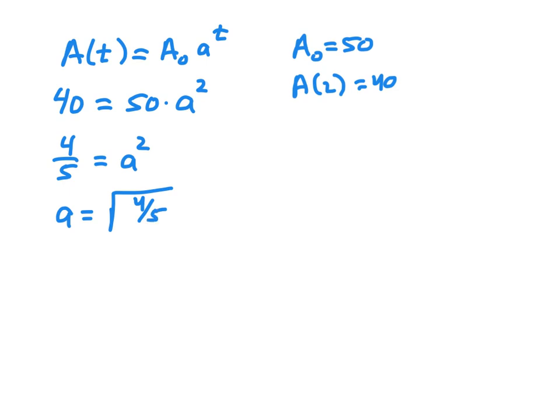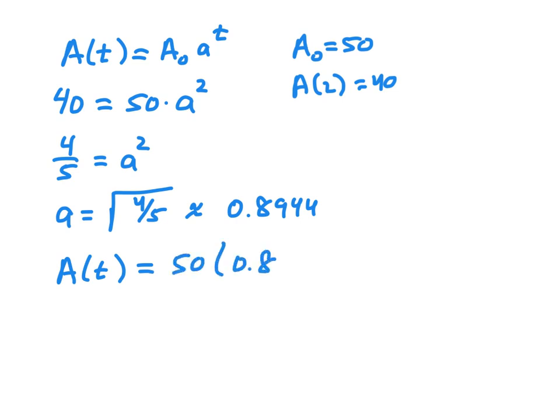Either option will work. They would, of course, do the same thing. And this is approximately 0.8944. So our decay rate is 0.8944. So our model that we're going to use to answer our question is A of t equals 50 times 0.8944 to the t power.